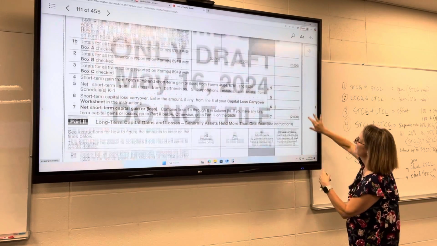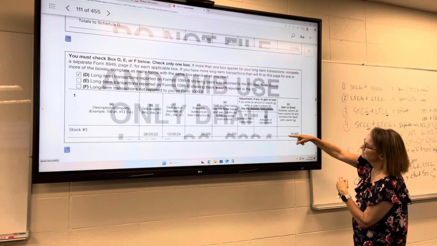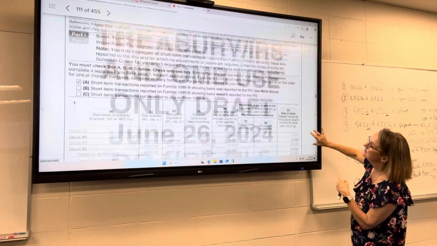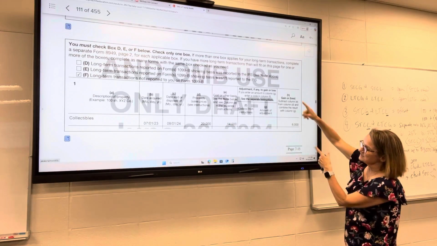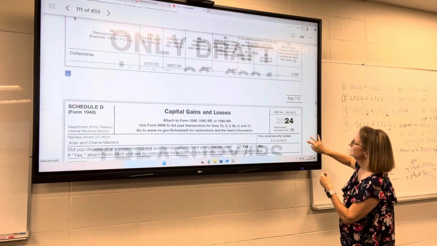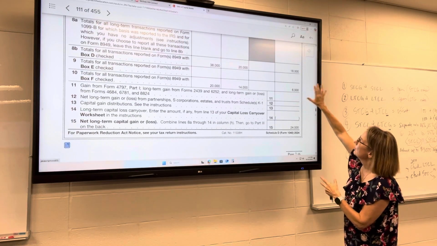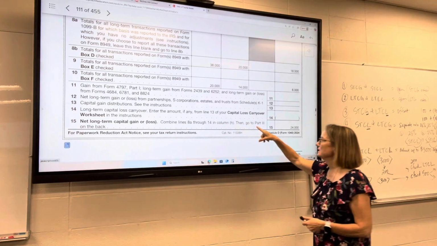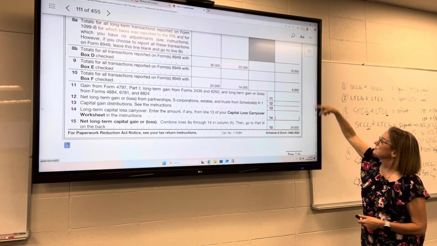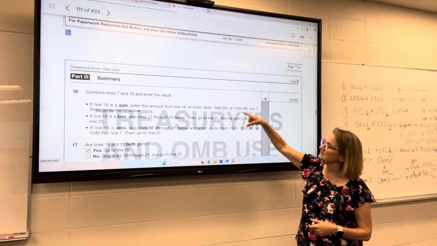So that, again, comes from these forms up here. So there's the box D, and there's the box F. So that gets transferred over to the Schedule D, and then all the instructions are followed here. Here we're going to net the long-term capital gain or loss, 24,000 of long-term. Combine lines 7 and 15.